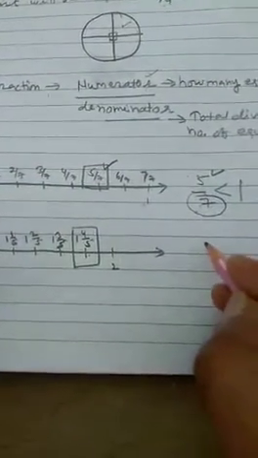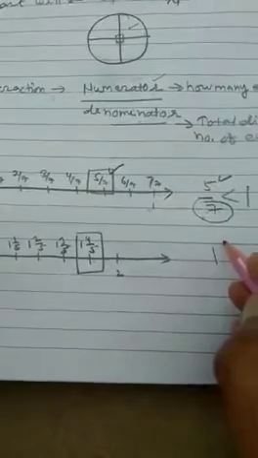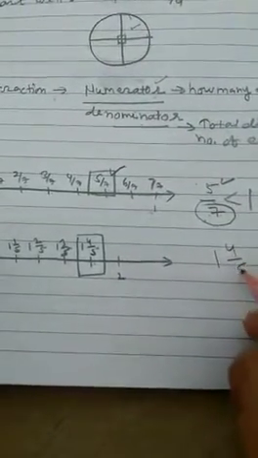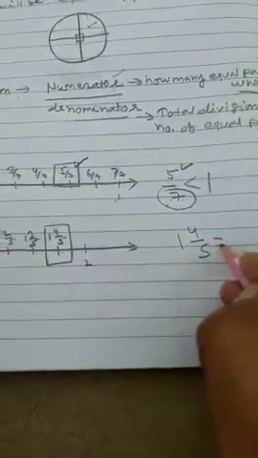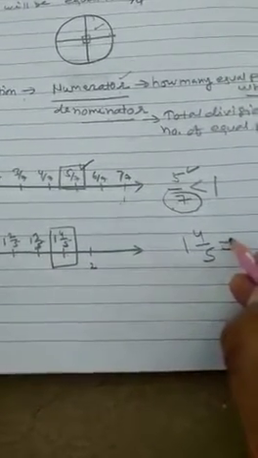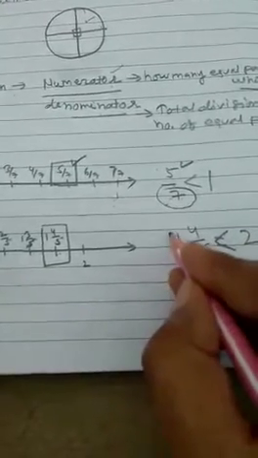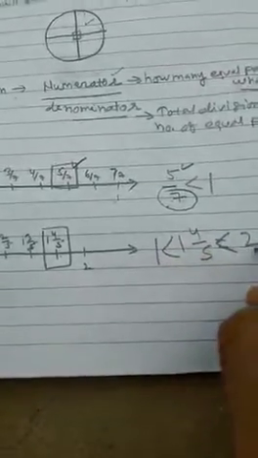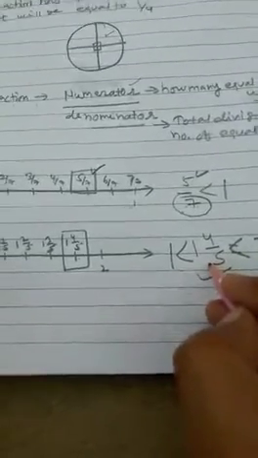For the mixed fraction, take an example: suppose we want to denote 1 whole 4 upon 5 on the number line. This mixed fraction lies between 1 and 2, because this number is greater than 1 and less than 2.